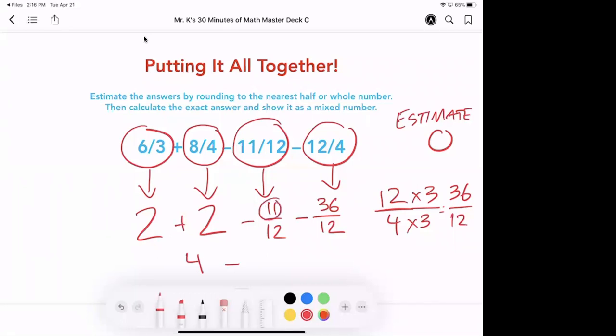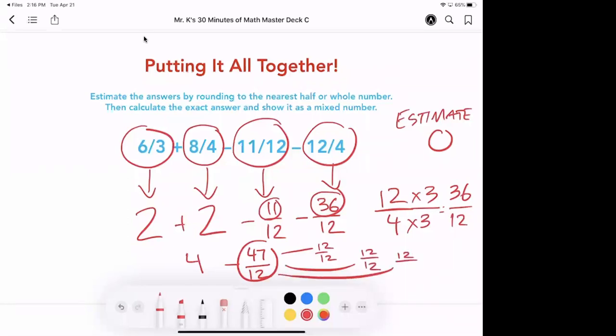Well, if we take away 11 and 36, that's like saying we're taking away 47/12. Let's do some number bonds on that. 12/12, that's 1 whole. 12 more, that's another whole. 12 more, that's another whole. That takes us to 36. And 11 more would take us to 47.